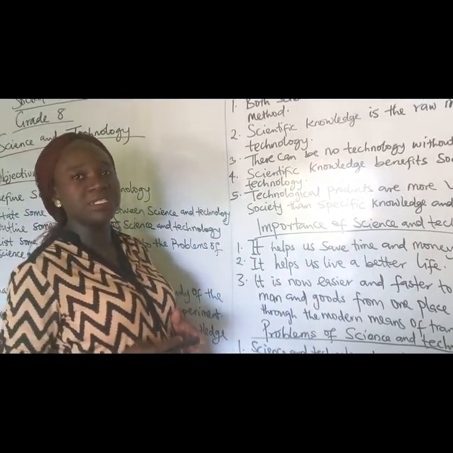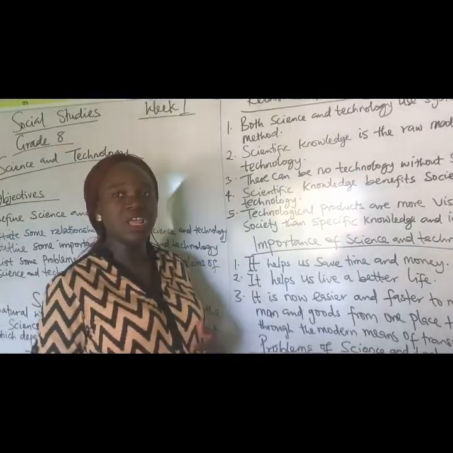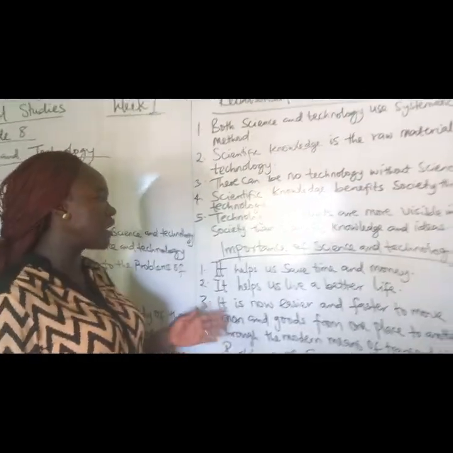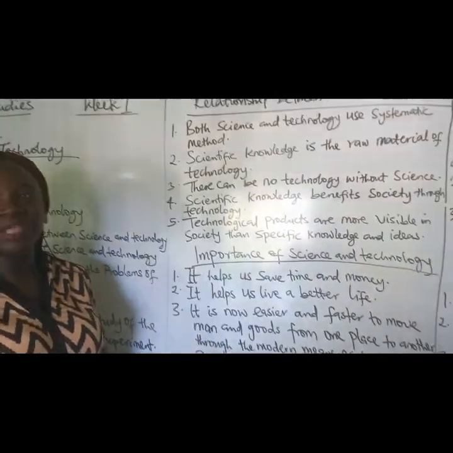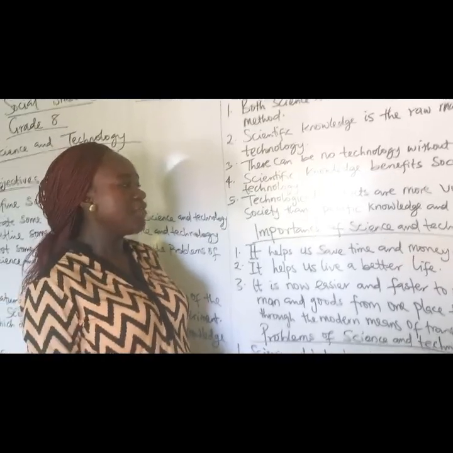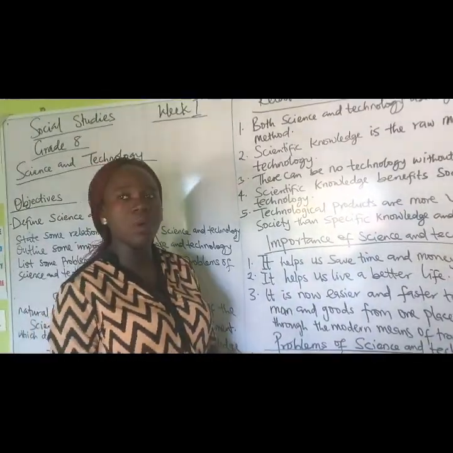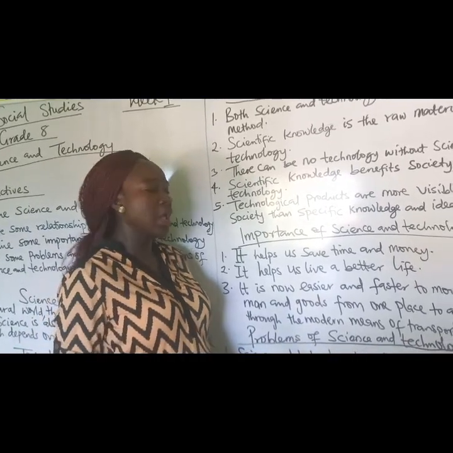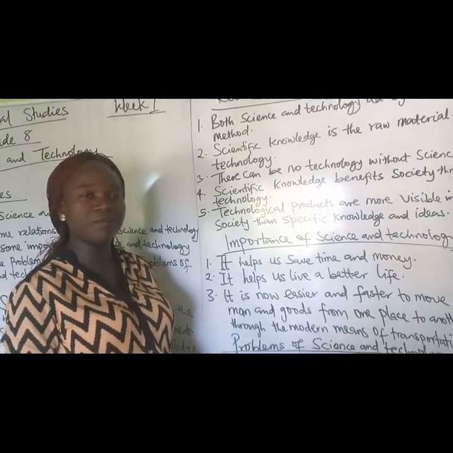Let me take for instance the production of the washing machine. The invention of the washing machine has helped us to reduce some stress of taking time to wash, even at home, to spend time preparing our food. In the use of a blender, we cook our food faster.